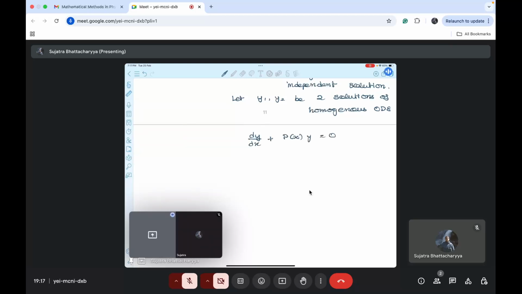Now, if y1 is a solution, it will satisfy the differential equation, so dy1/dx plus p(x) y1 equals 0. If y2 is also a solution, then dy2/dx plus p(x) y2 should be equal to 0.